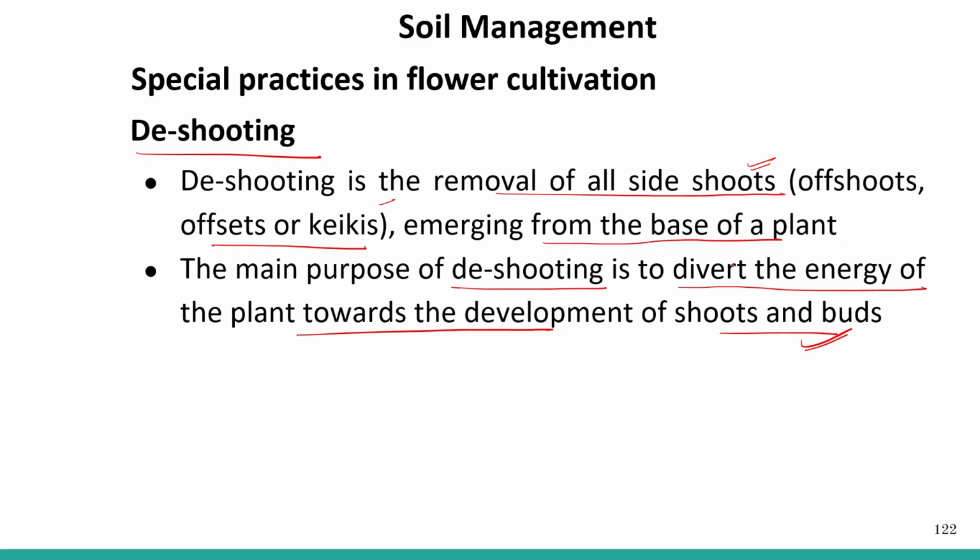The branches that are present below, at the surface of the soil, are not going to grow properly, as these branches do not get proper nutrients and the sunlight does not reach that level, right? So if the base of those emerging shoots of the base plant are cut, then what will happen? All that energy will be utilized for development of the shoots and buds.